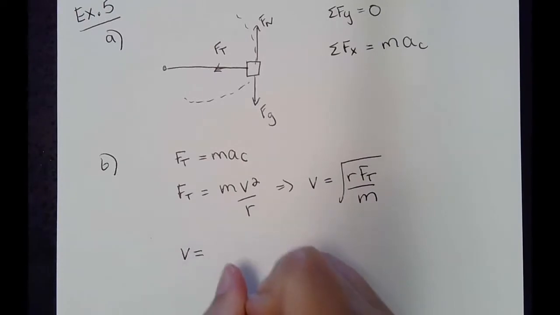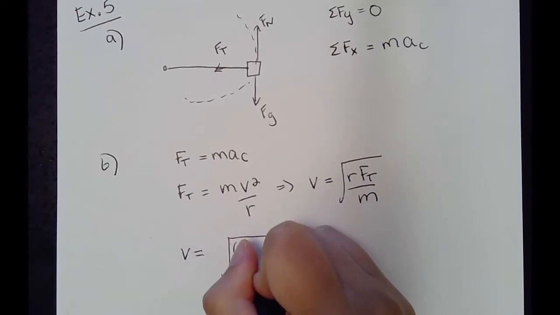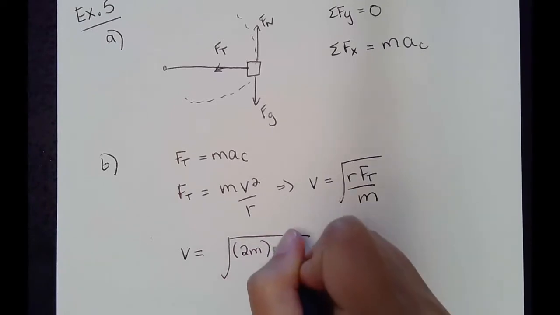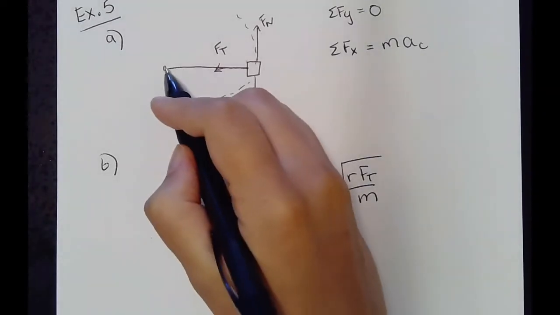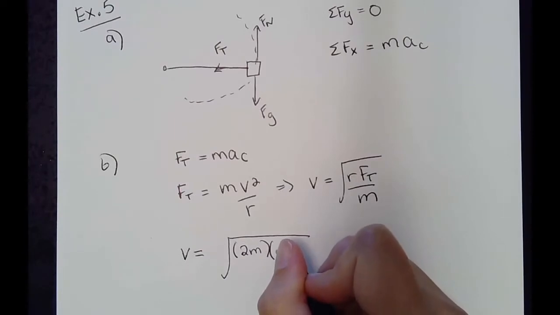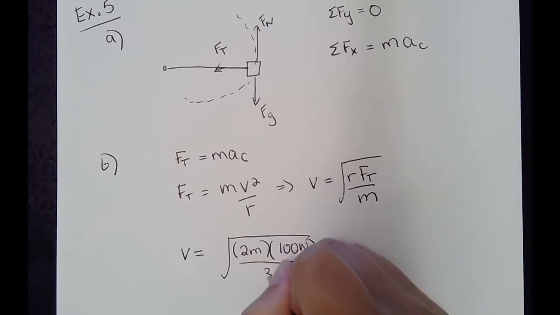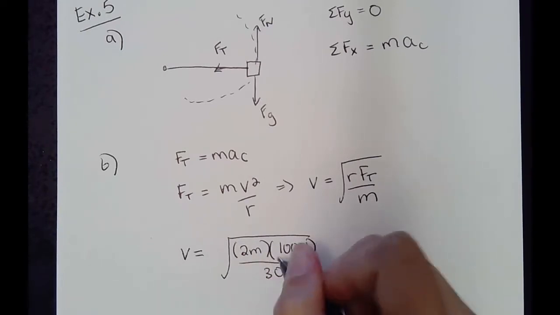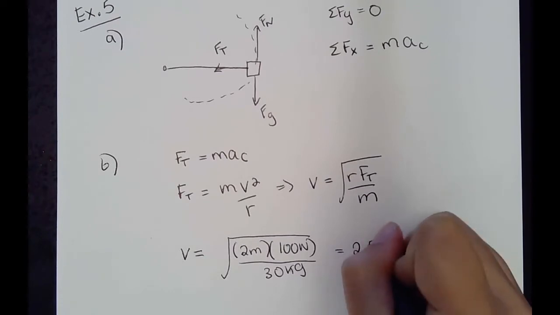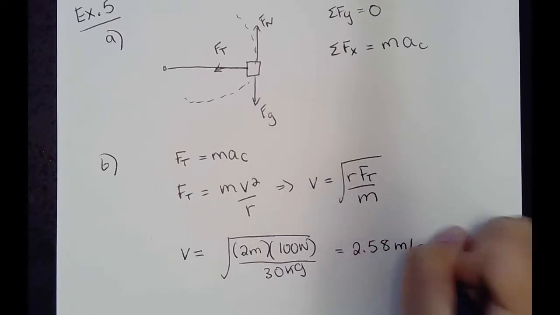So v is equal to the square root of r, which is 2 meters. It's a 2-meter long rope, and the father is standing in the center of the circle, so that's the radius, times the tension, 100 newtons, over 30 kilograms, which gives 2.58 meters per second.